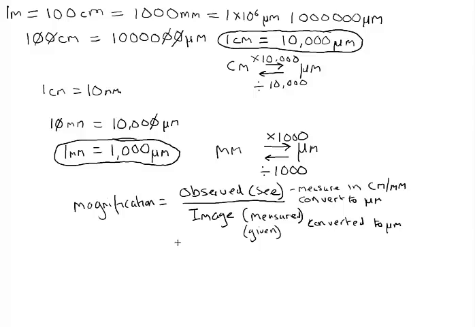to micrometers. So let's say, for instance, they give you a question. We have a cell, and they will say the real size is, say, 50 micrometers, and what you will then do on your piece of paper is you will get a ruler and you will measure across it, and let's just say that this is 3 centimeters.